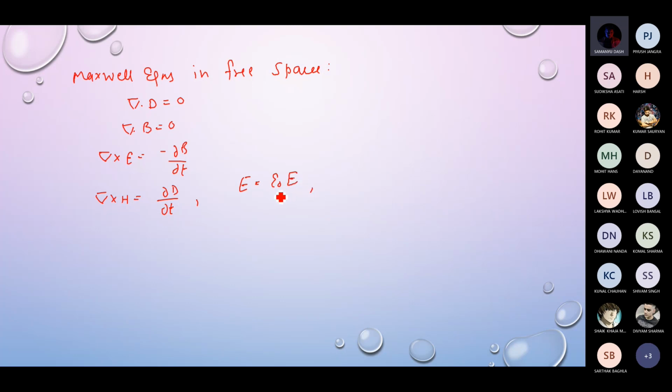So here we have to take the permittivity of free space, which is epsilon naught, and B is equal to mu naught H, where mu naught is the permeability of free space.